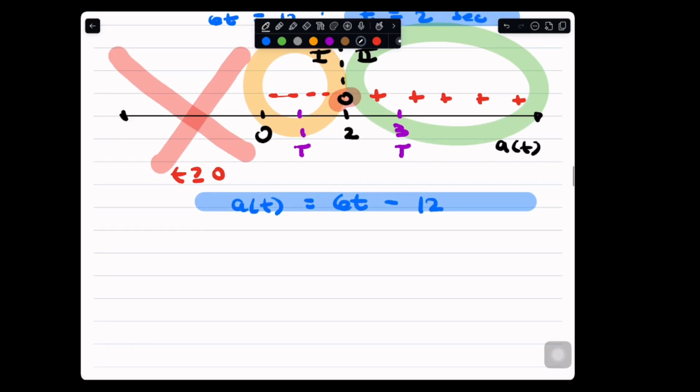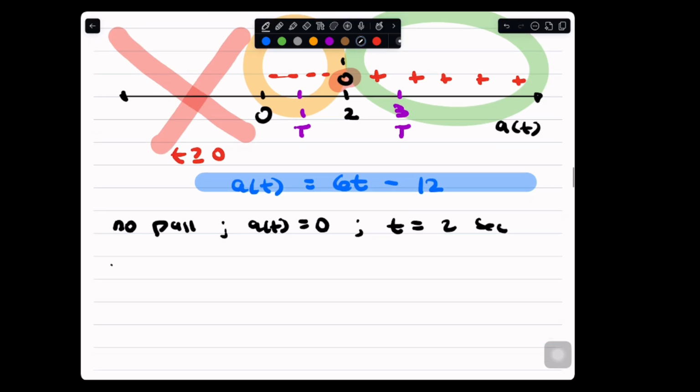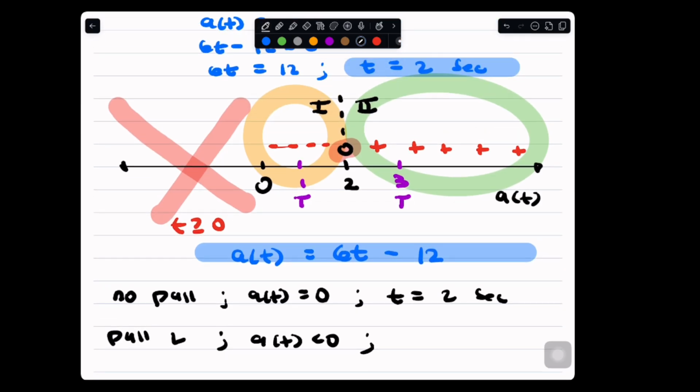So the particle has no push or pull when that acceleration is 0, and that happens when t equals 2 seconds. It's going to be pulled to the left when the acceleration is negative. So we've got to look at this in terms of an interval.